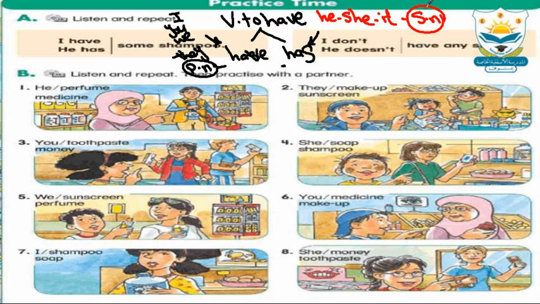Again, verb to have consists of have and has. Have, we use it with plural subject pronouns or any plural noun, I, you, we, they.